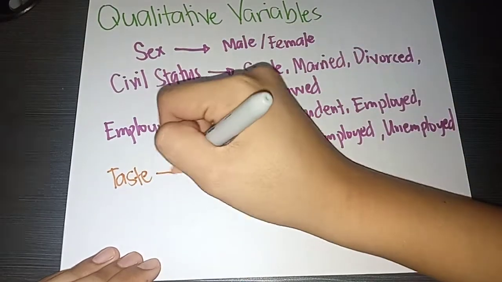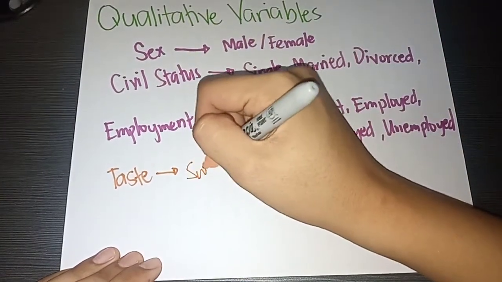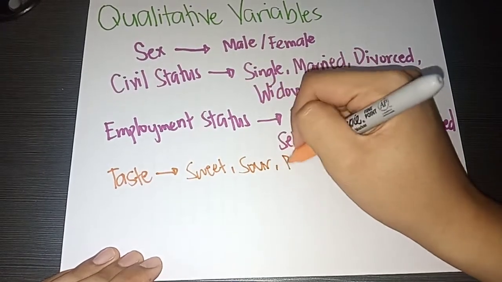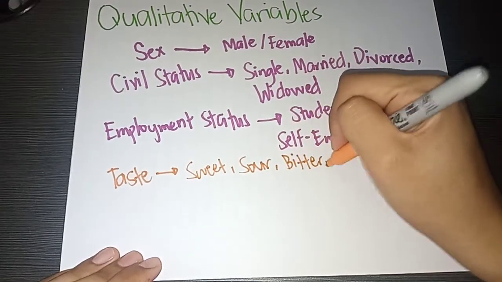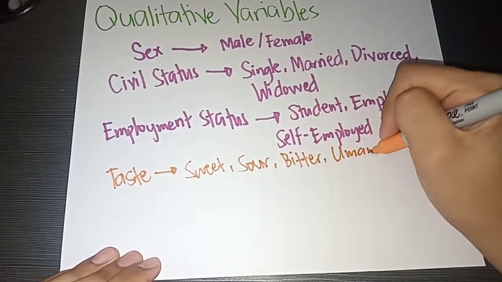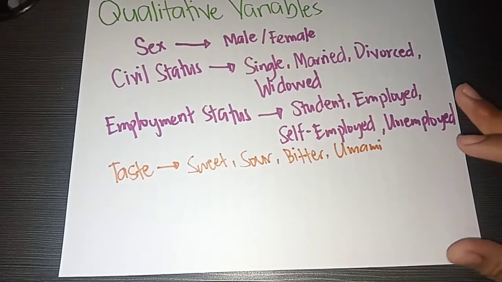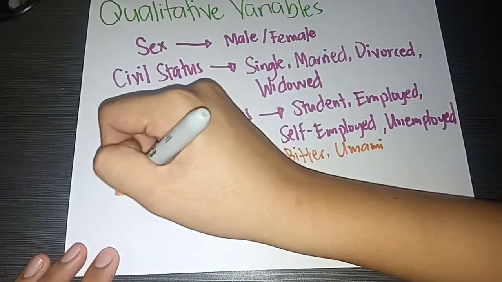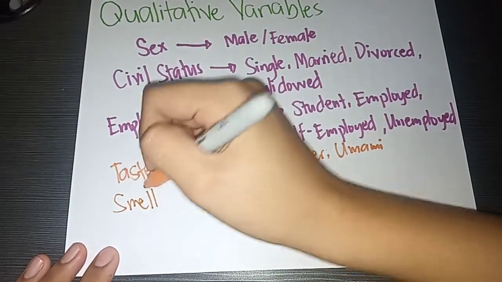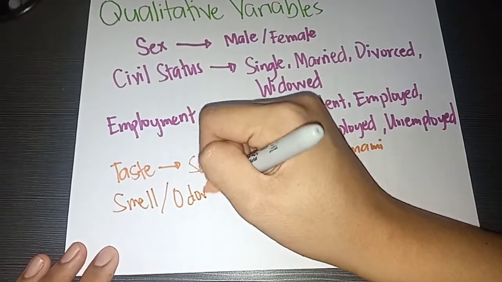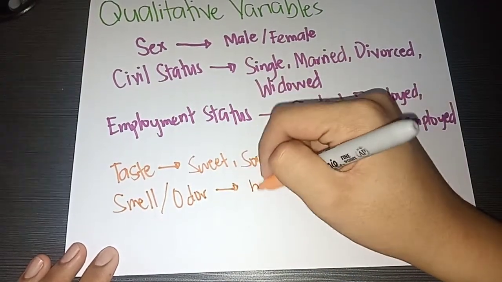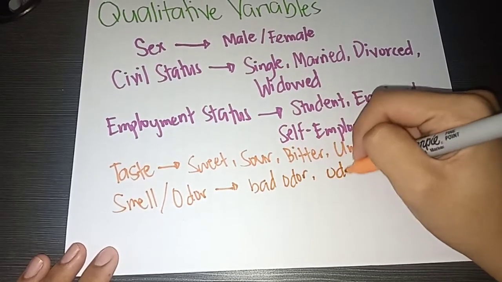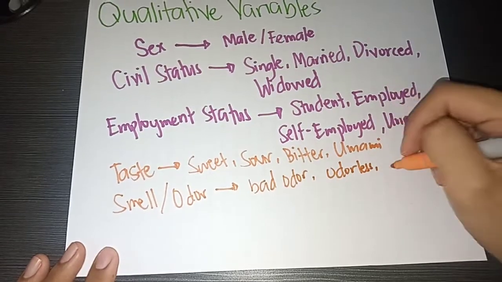The variable taste can have the possible values sweet, sour, bitter, can have umami, etc. Let's say we have another variable, smell or odor. We can have bad odor, we can have odorless, and we can have pleasant odor.